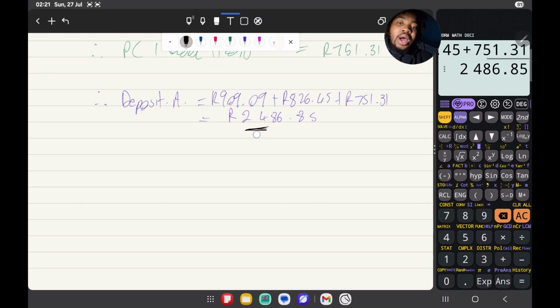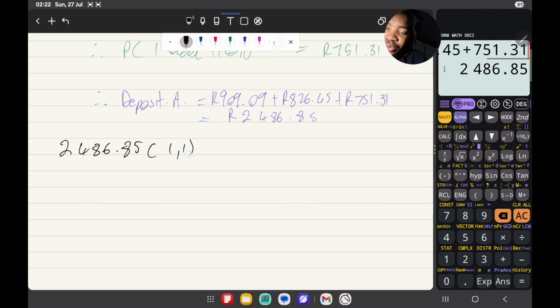Cool. So I'm gonna show you something now. Say I invest this money for a year, 2,486.85. After that 1 year period, I'm gonna have my money plus my interest, and then it's to the power of 1 because it's one year. So inside the bracket it's gonna be 1.1 from 1 plus 0.1.